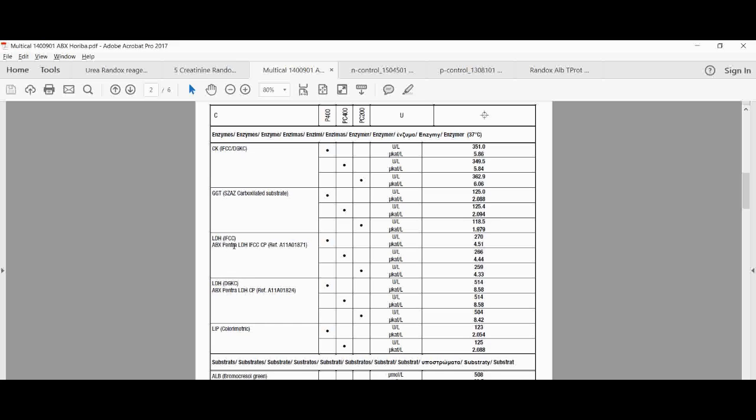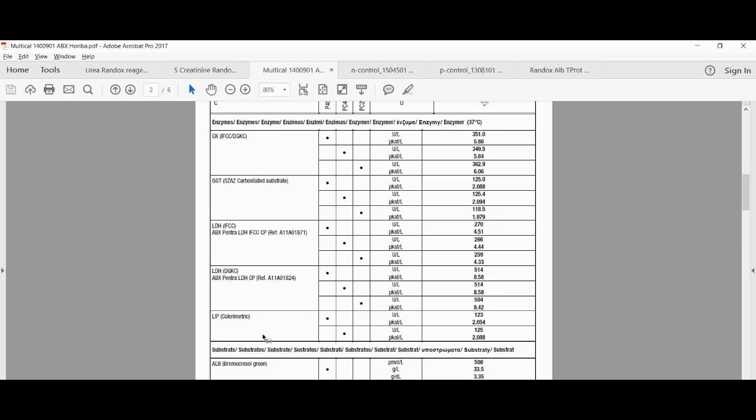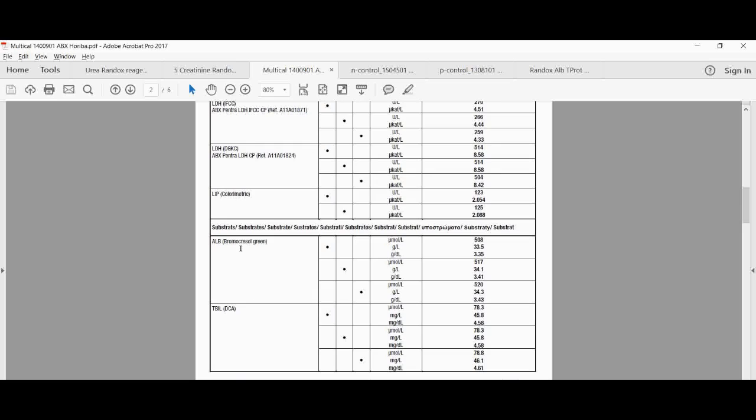There's different methods of LDH, the IFCC method, and there's the DGKC method, and lipase and albumin. And this method is bromocresol green. So you can just be on the lookout for the method as well. Sometimes they have more than one method, bromocresol green or bromocresol purple. That will also state here.